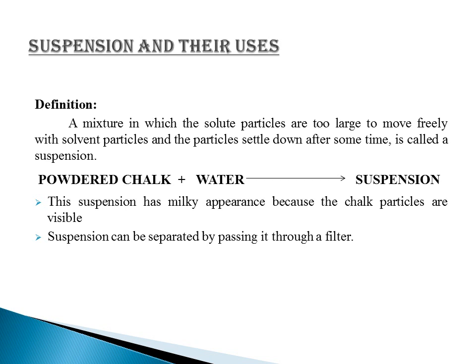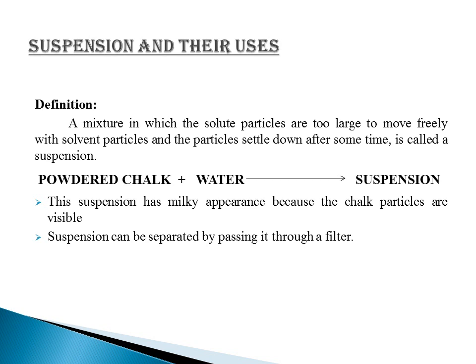Now our next topic is suspensions and their uses. First of all, we will discuss the definition. What is a suspension? A suspension is a mixture in which the solute particles are too large to move freely with solvent particles, and the particles settle down after some time. We can discuss an example.